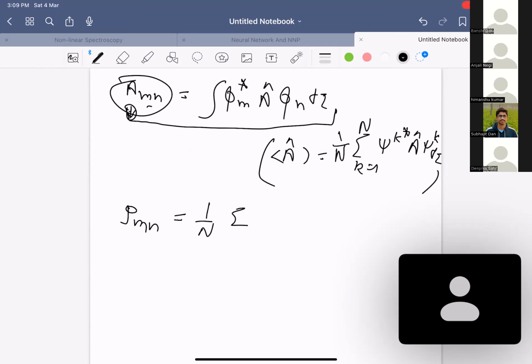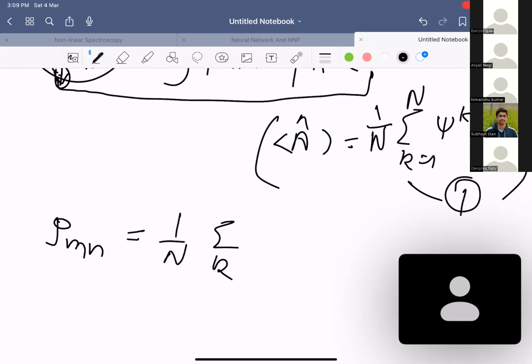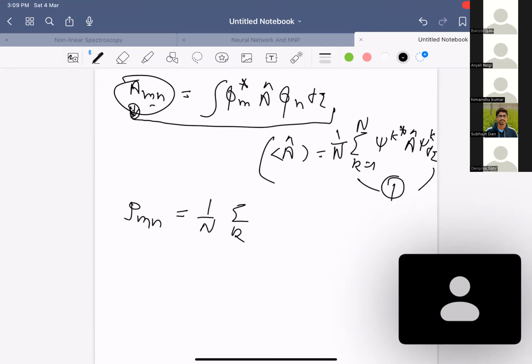Now let's give this equation, equation 2: the summation over k of Cnk star and Cmk. So these k are all the same.